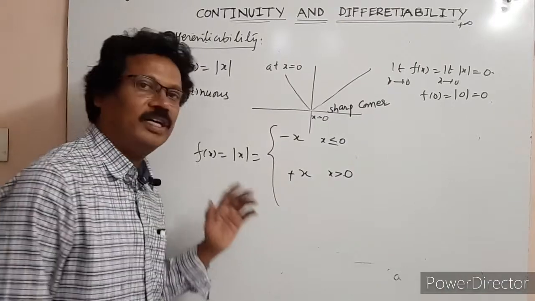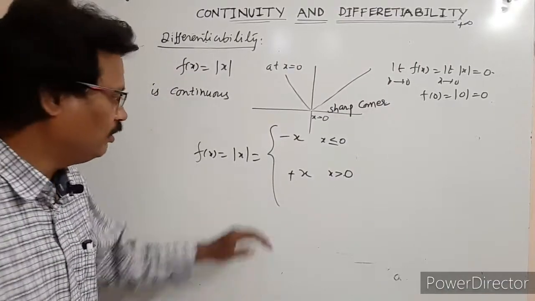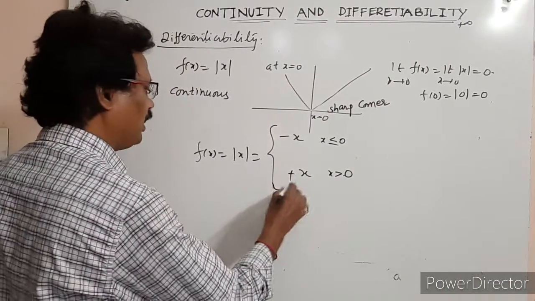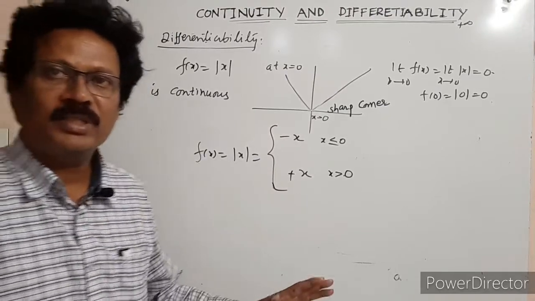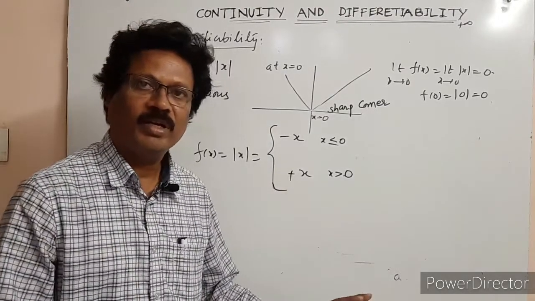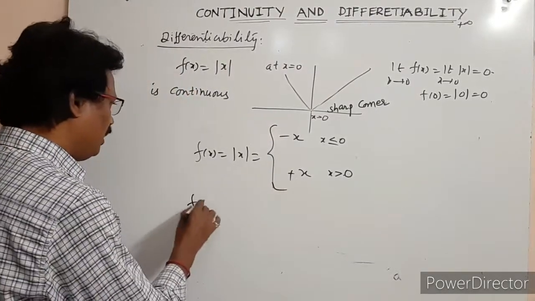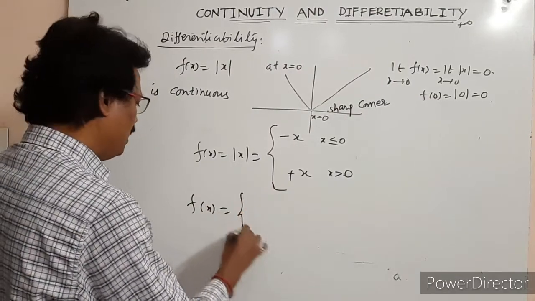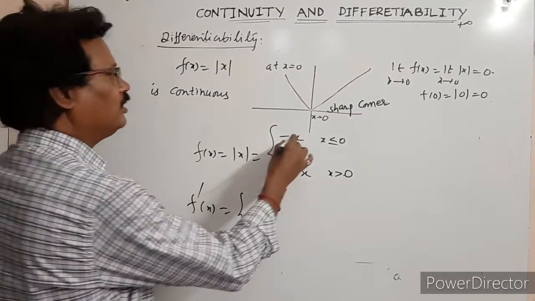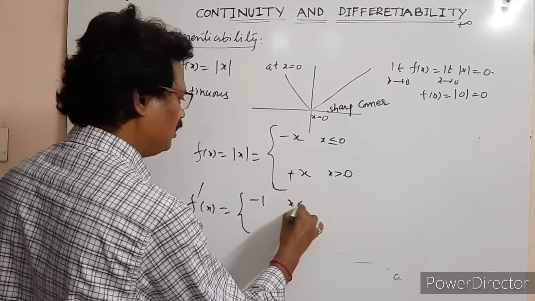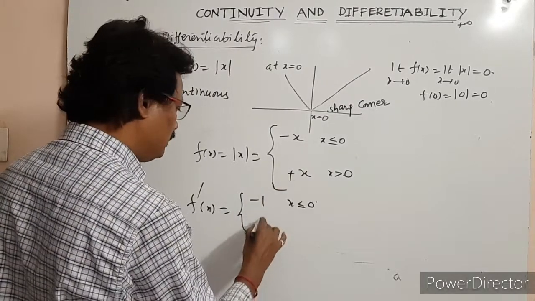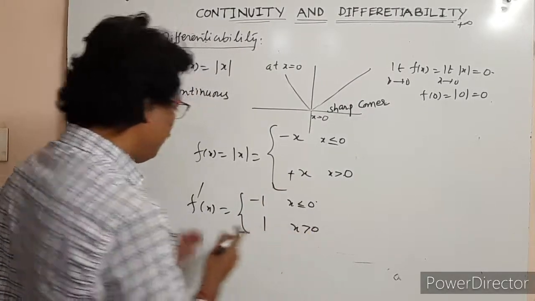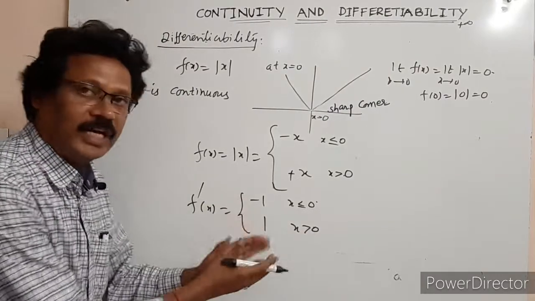To find the left derivative and right derivative, directly we can solve the problem like this. No need to apply the limit notation every time. Now I am writing here, f dash x is equal to, this derivative is what, minus 1, this derivative is what, plus 1. Therefore we can write the derivative directly like this.